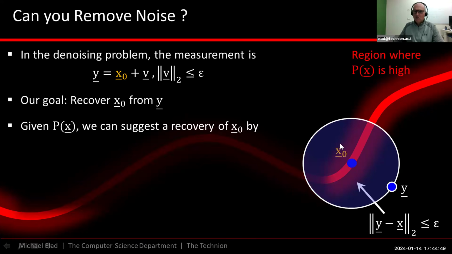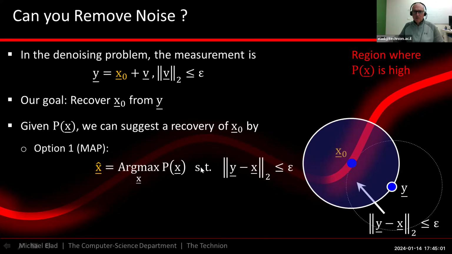Okay, good. So now given P of X, I want to recover X0. Here is what I'll do. Remember, all I have is Y. So I'll draw a circle, a sphere. Okay, I'm drawing a sphere around Y with radius epsilon. It contains many, many possible candidate solutions X0s. And among all of them, and for each of them, I can actually check what is the probability of that point.